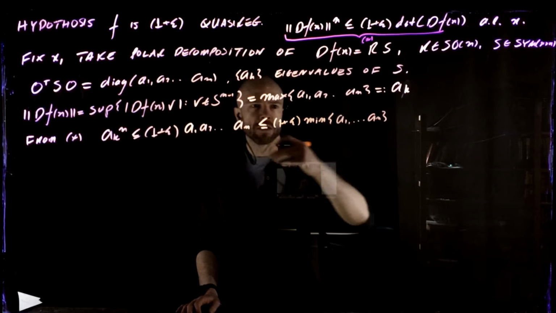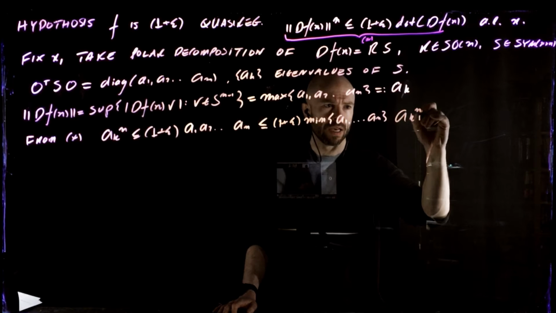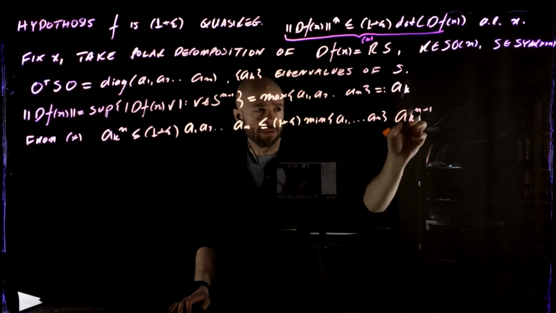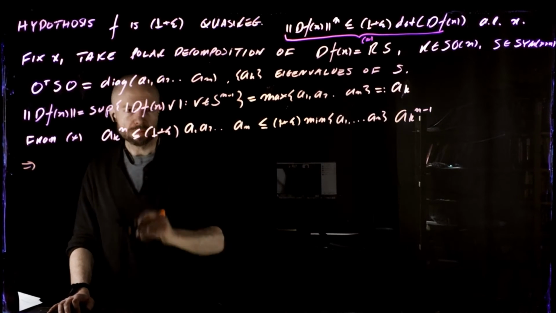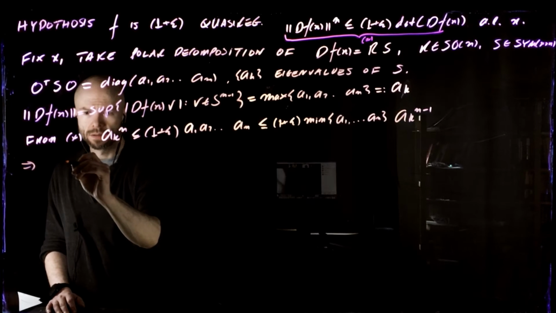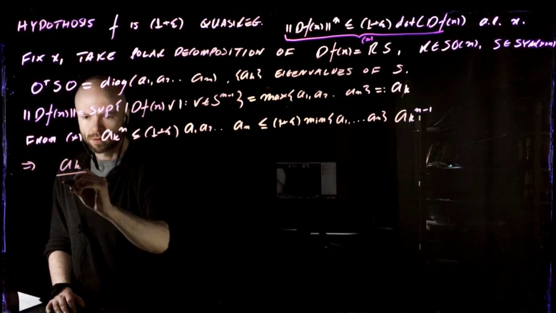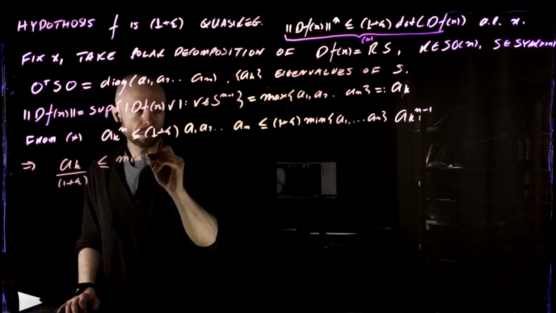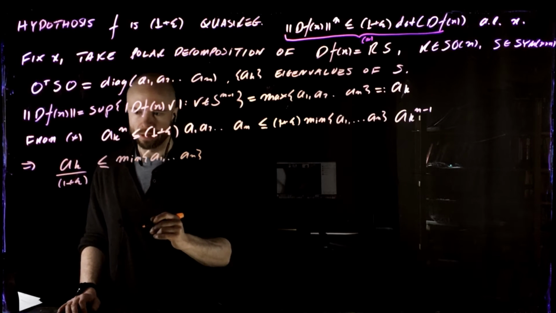And all the other guys are bounded above by this guy, which is the maximum. So we're going to put here AK to the n minus 1, like that. Yeah? So then dividing through by AK to the n minus 1, this implies that AK over 1 plus epsilon is bigger than or equal to the minimum eigenvalue, like this, right?